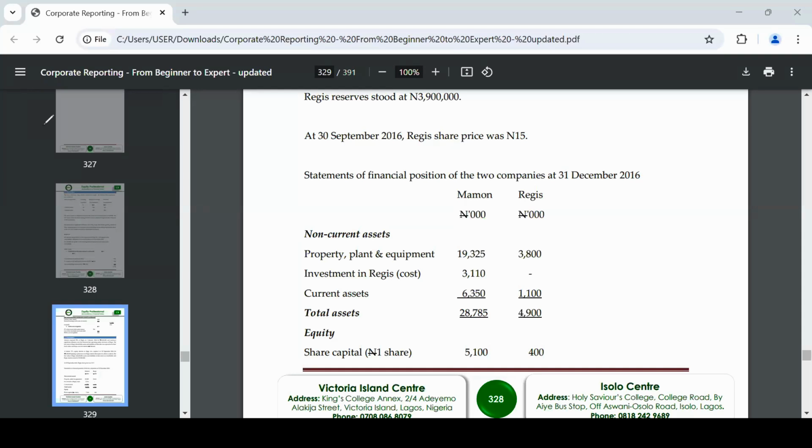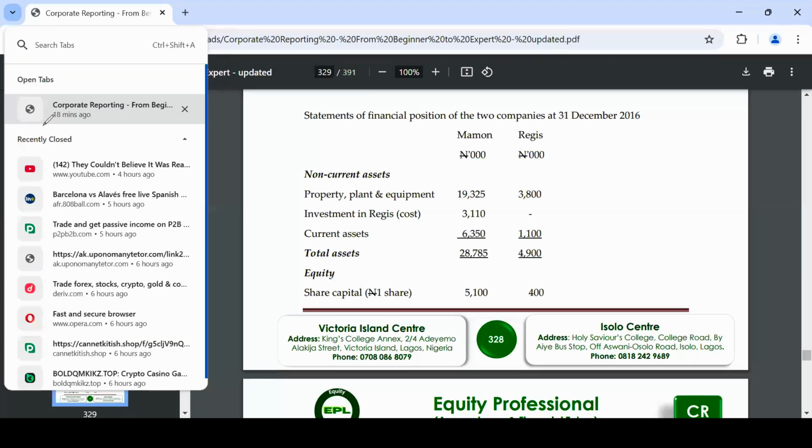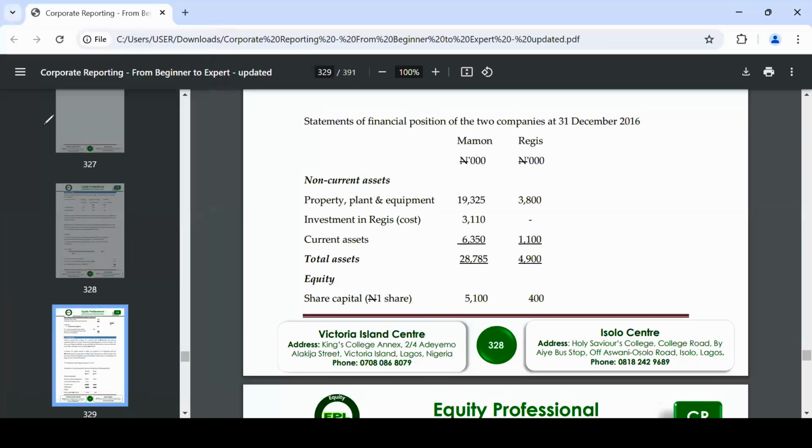Let's quickly look at the statement of financial position of these two companies. It gave us as at 31st December 2016. Now, what this also means to me, there are 3 dates I must keep in mind. When we got the initial 25%, I think, it was January 1st, 2014.